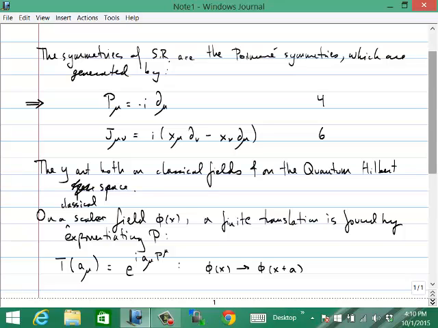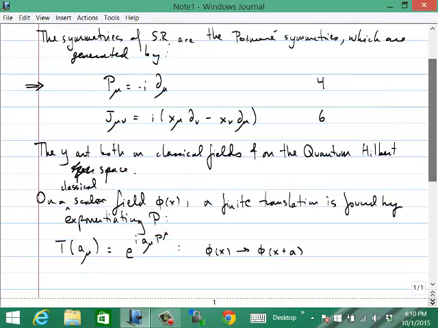Okay. So is that clear? If you think about expanding out that exponential, so e to the I a mu p mu acting on phi of x, what is that? Well, that's phi of x plus a mu d by dx mu phi of x plus a mu a nu d mu d nu phi of x plus dot, dot, dot, which is otherwise known as the Taylor expansion for phi of x plus a.